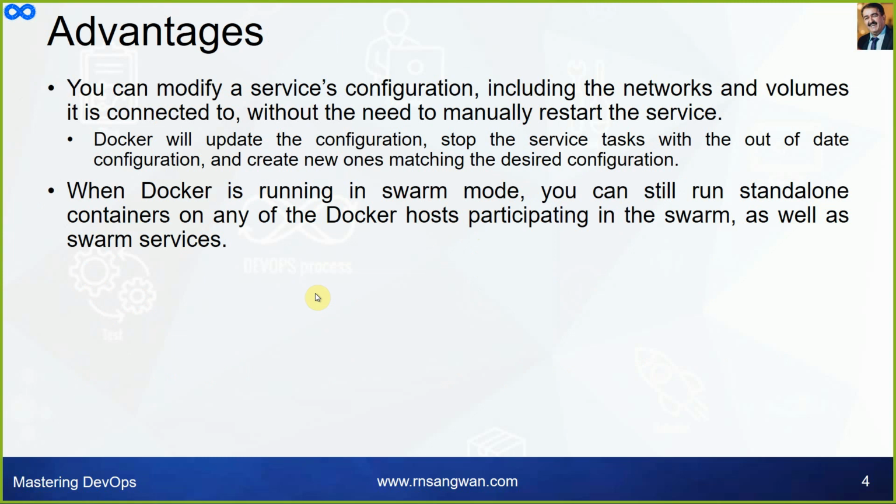What are the advantages of Docker Swarm? You can modify a service configuration, including the network and volume it is connected to, without the need to manually restart the service. Docker will update the configuration, stop the service tasks with the out of date configuration, and create new ones matching the desired configuration.